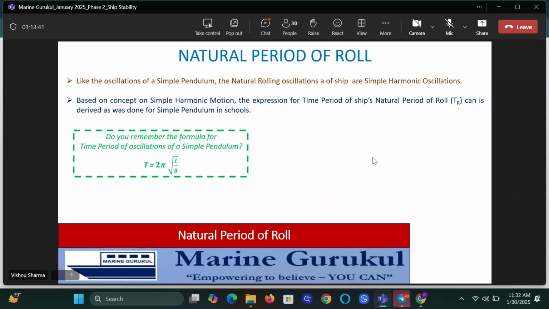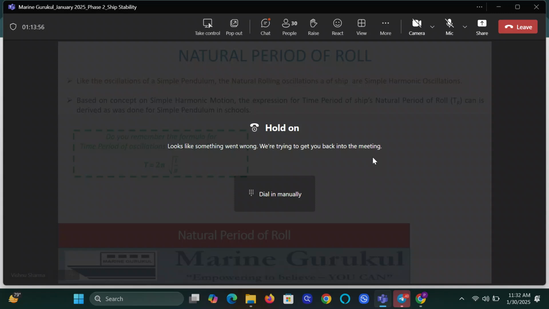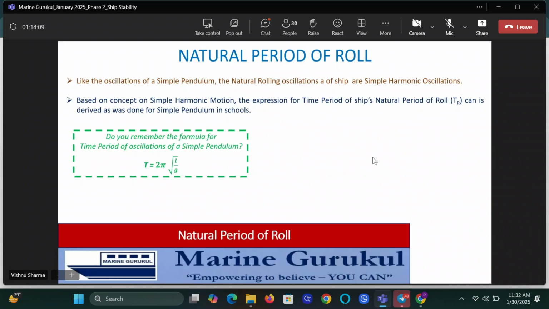In the ship, the period of roll is basically driven by the radius of gyration and the initial metacentric height. K is the radius of gyration.